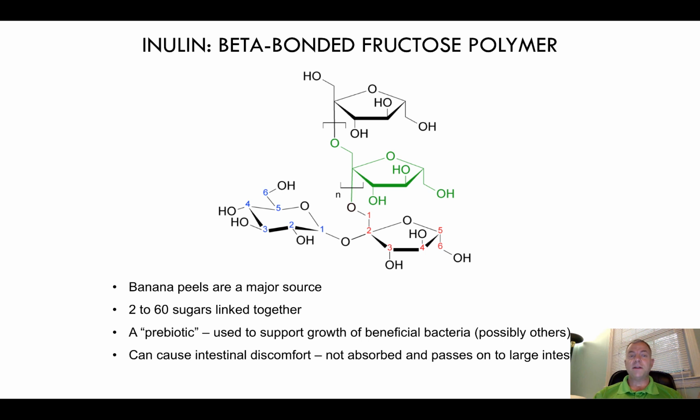Inulin is another type of fiber. It can be very small, just 2 fructose units, beta bonded, or it can be fairly large, up to 60. The place that we typically source this would be banana peels, quite a bit of inulin in those. And it's considered to be what's called a prebiotic in the sense that it provides fuel for microbes that we actually want to have grow in our gut.